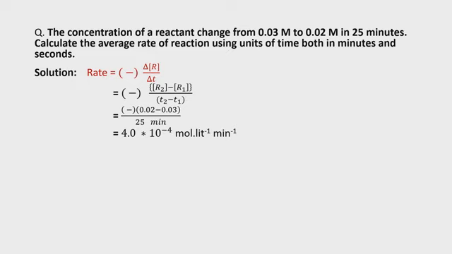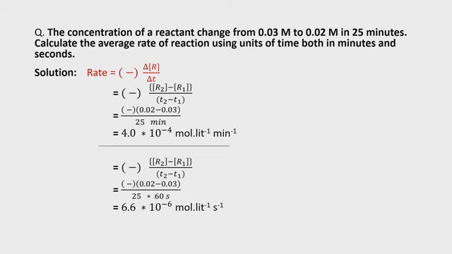Now in terms of seconds, look again, same rate equal to minus R2 minus R1 by T2 minus T1. Again I have substituted these values, and in the first case 25 minutes is there, but in the second case it is 25 into 60 seconds, because look at the question, both in minutes and in seconds.